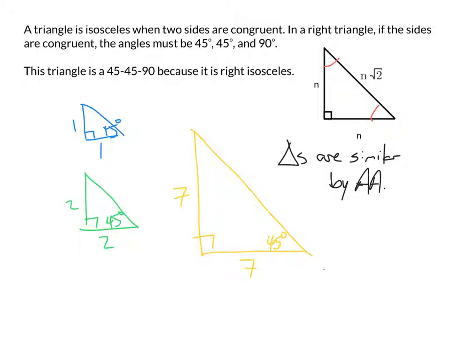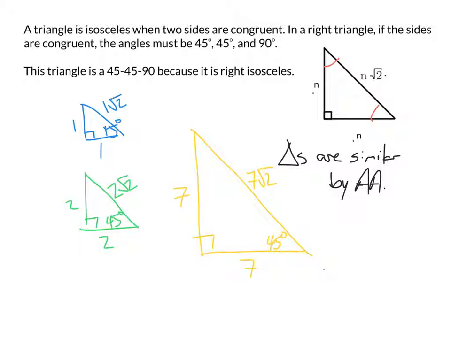So if the two side lengths are n, and the hypotenuse is n square root of 2, we can quickly see that in the small triangle, this is 1 times square root of 2. In the triangle where the sides are 2, this hypotenuse is going to be 2 square root of 2. And in the yellow triangle, where there's 7 and 7, it's going to be 7 square root of 2. Because they're all growing at the same rate, so all the sides grow to a specific size, and so the hypotenuse has to do the same thing.